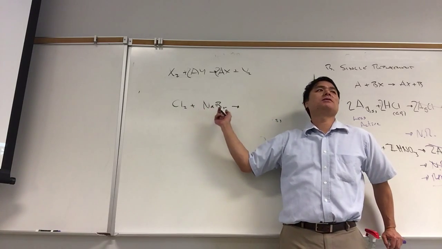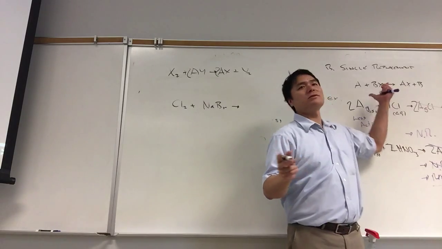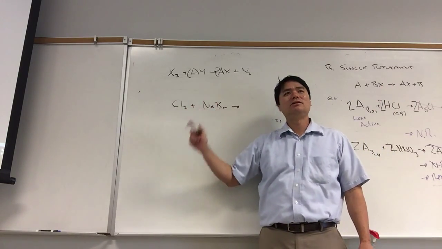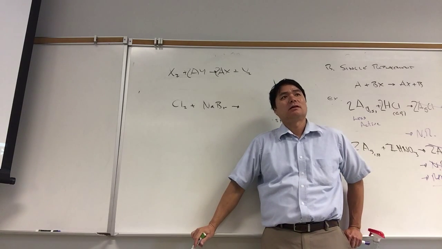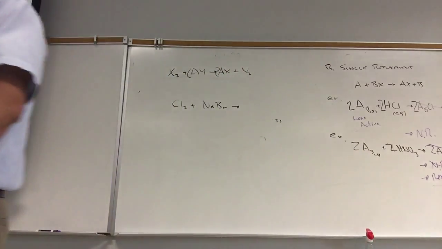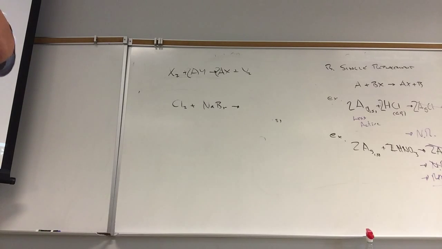This looks like an A plus BX. No, it's not an A plus BX because this is an X2 plus AY pattern. Do you have it memorized? Yes or no? If no, then all you can do is a very limited number of redox reactions right now. Very limited.